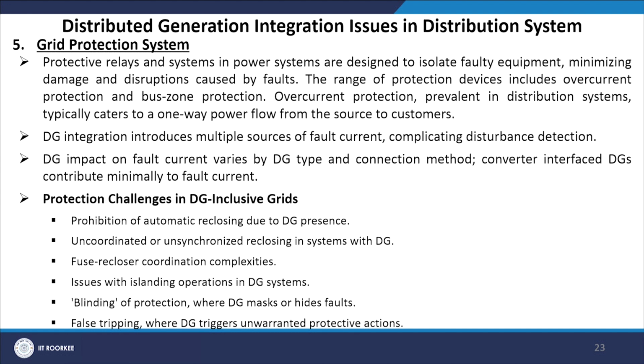Overcurrent protection prevalent in distribution systems typically caters to a one-way power flow from the source to the customers. Now, the issue here is that when you have distributed generation connected at various points of the distribution system, there could be a chance of experiencing reverse power flows.